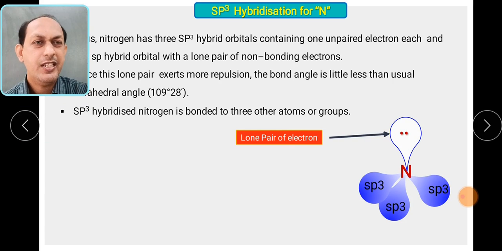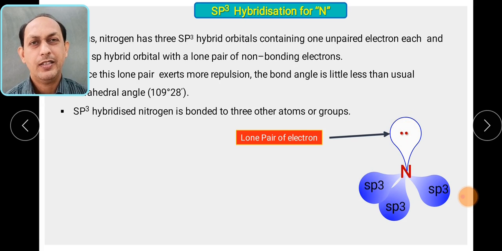If we see the shape of sp3 hybrid orbitals, there are 4 orbitals: 1, 2, 3 and 4. Out of that, 3 have unpaired electrons, while one of the sp3 orbitals has a lone pair of electrons. Due to this lone pair, there is lone pair-bond pair and bond pair-bond pair repulsion.